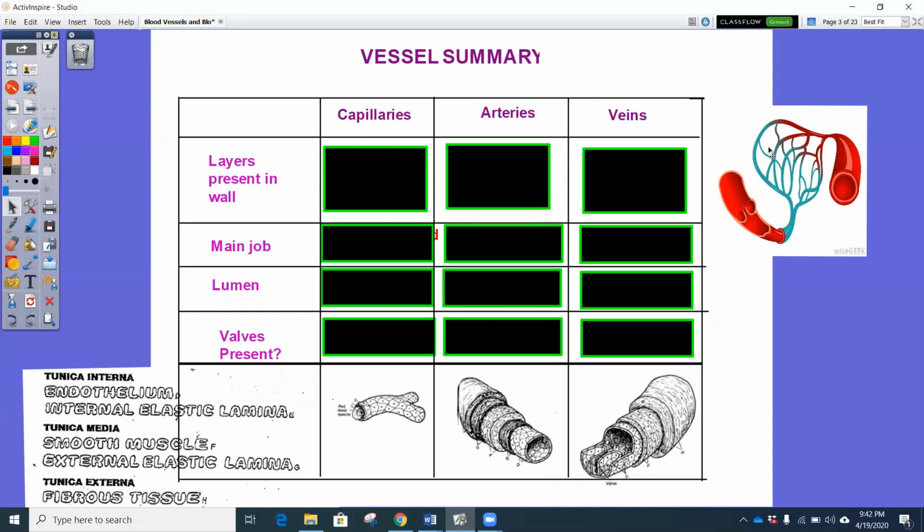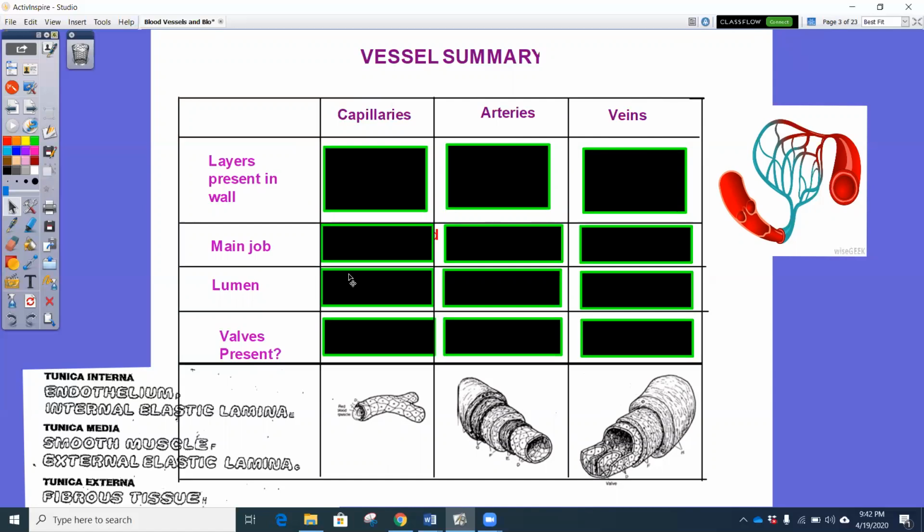They are your smallest microscopic blood vessels that will allow for gas exchange. Now, in this chart, we're going to look at what layers are found in each of the vessel types. What's the purpose of the vessel? Okay, just big idea in comparison of the job of a capillary versus an artery versus a vein.